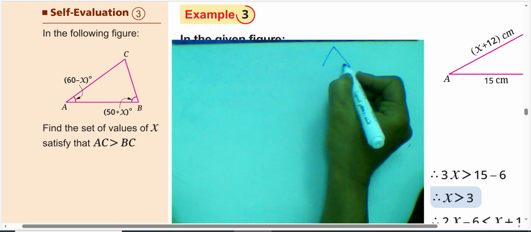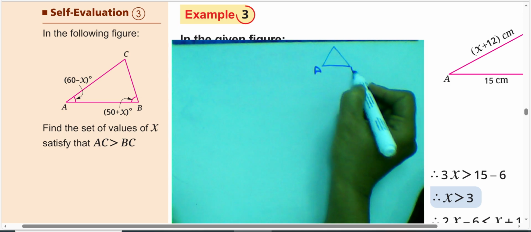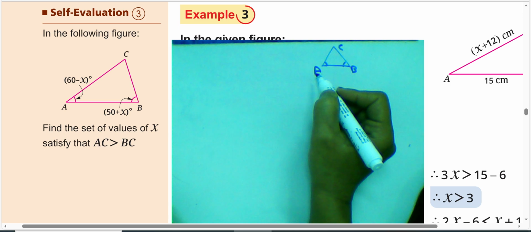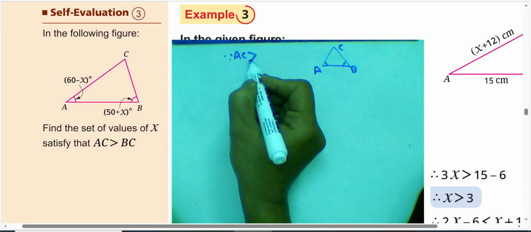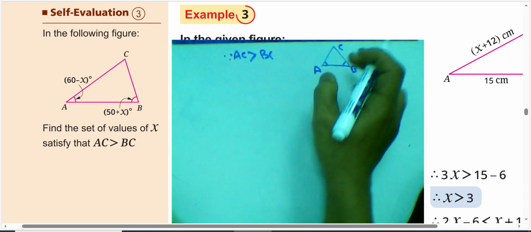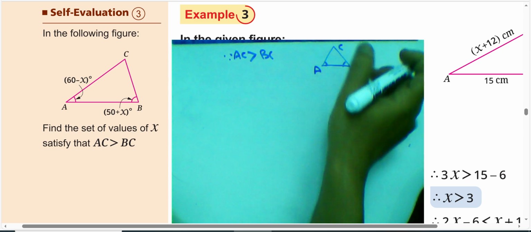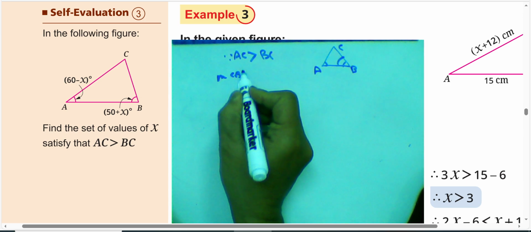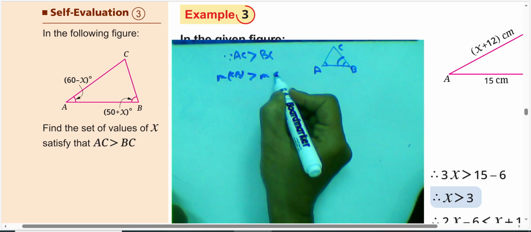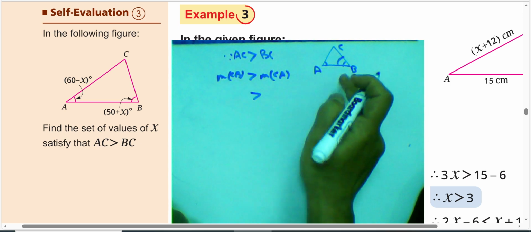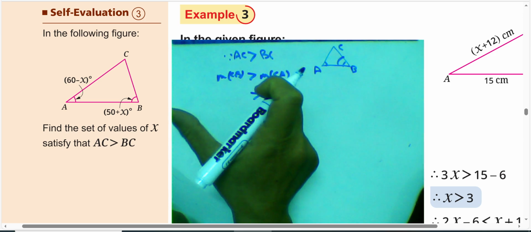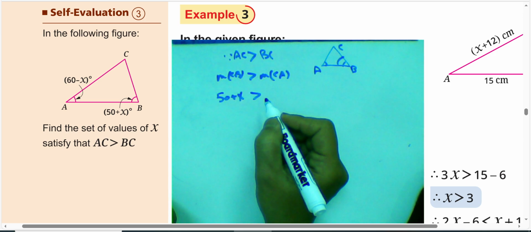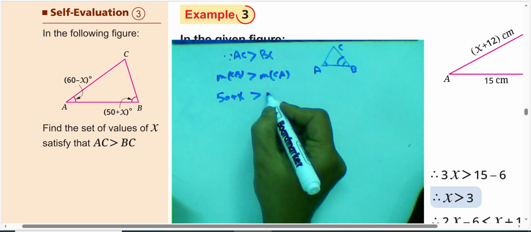In triangle ABC, this is angle B and angle A. He gives me AC greater than BC, then the measure of angle B will be greater than the measure of angle A. So the measure of angle B in this example is 50 plus x, which is greater than angle A, which is 60 minus x.